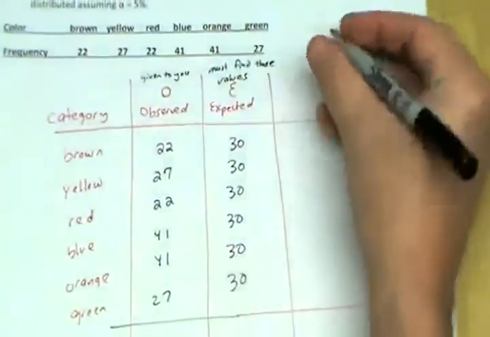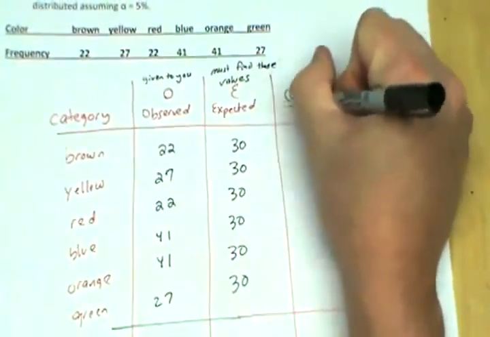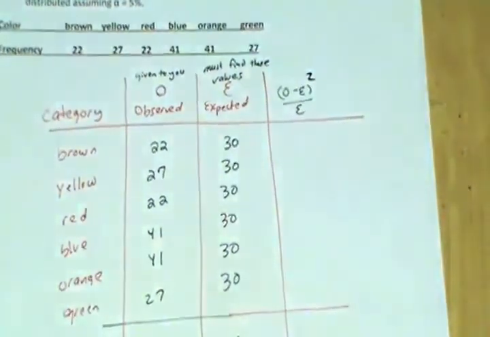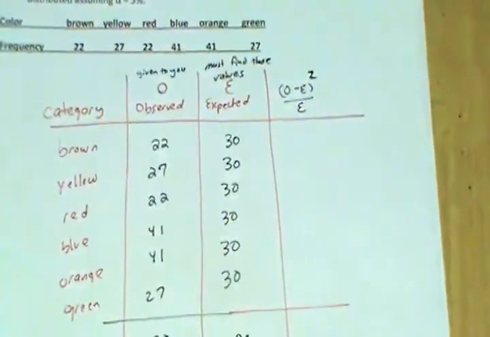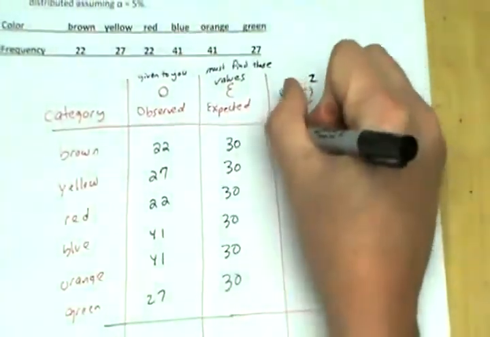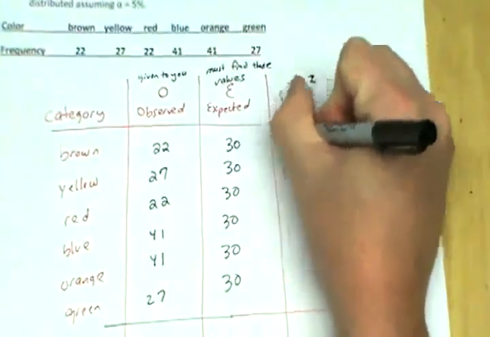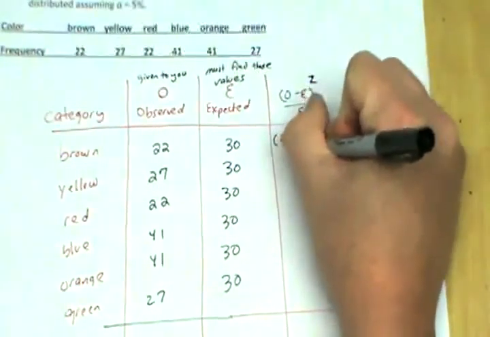The way we do that is we find the variable, which in this case is O minus E squared over E. Observed minus expected squared over expected. So for this one, we're going to take 22 as the observed, 30 is the expected. We're going to square that and divide by the expected 30.